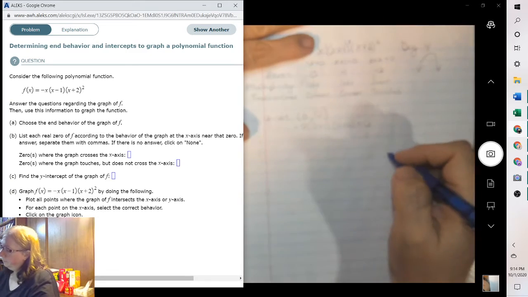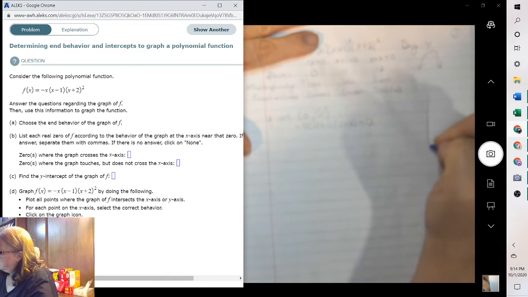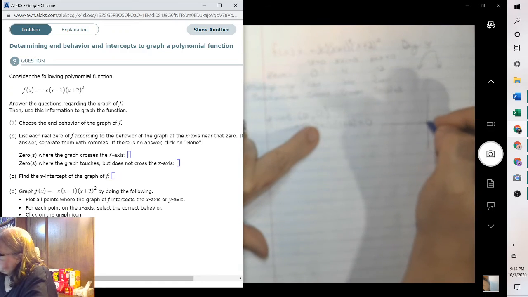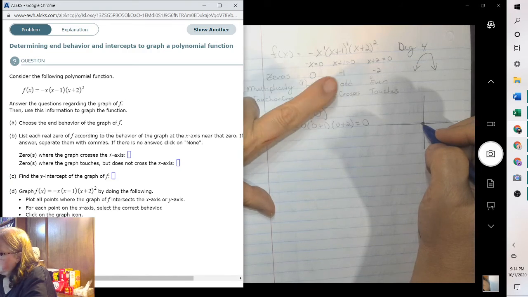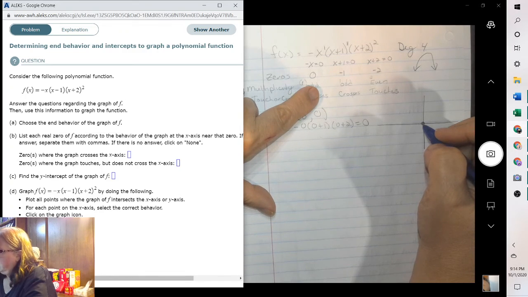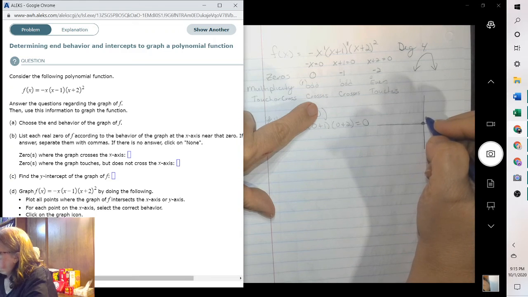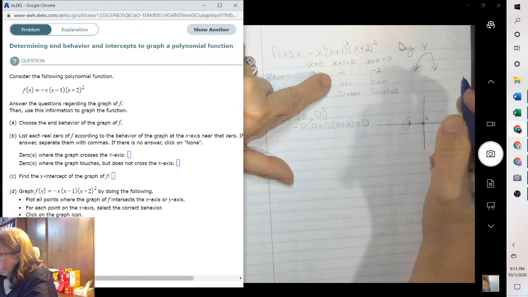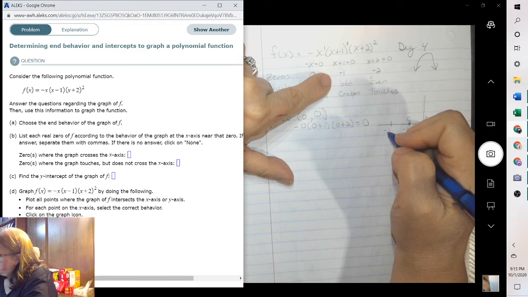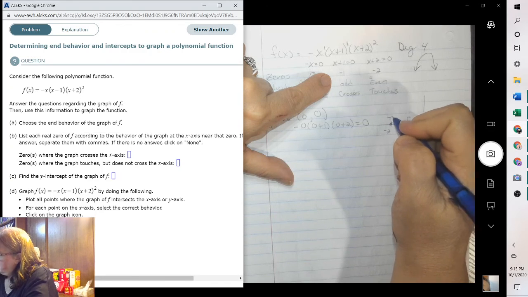Graph it. Y-intercept is 0, 0. It also crosses there because it happens to be an x-intercept also, but it crosses. So I'm going to put a C for cross. And then at -1, it crosses, and at -2, it touches.